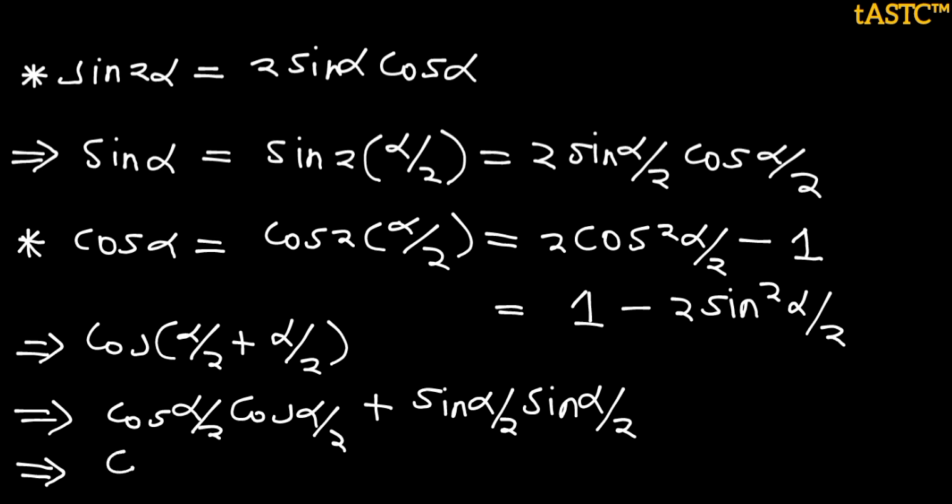Now this is going to lead us to find a sine squared alpha divided by 2. And here we're going to have cos squared. I might have not pronounced that correctly. So this is what you're going to have.